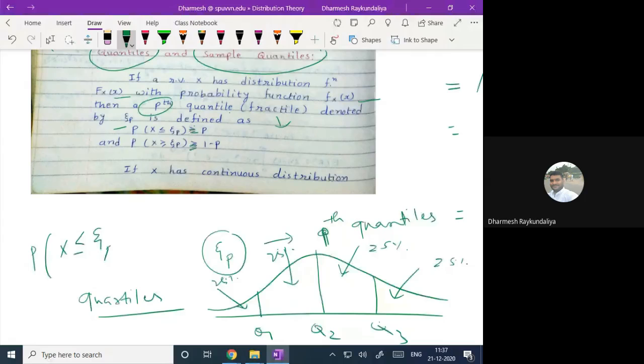(It is written wrongly here, this is not less than, this is equal to.) And what about the probability of x greater than xi_p? It is 1 minus p, because these two are complements of each other.